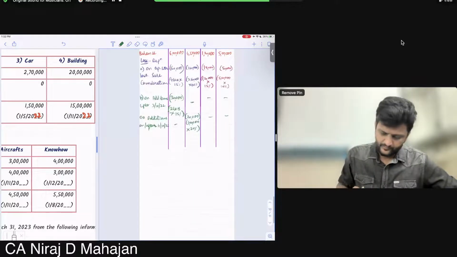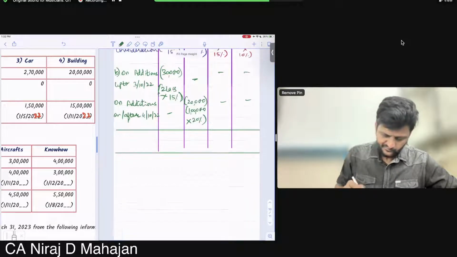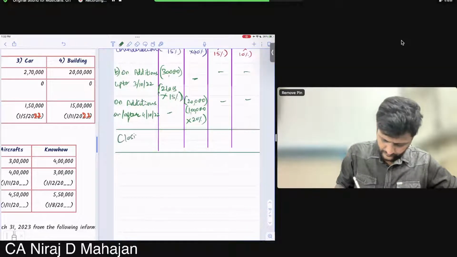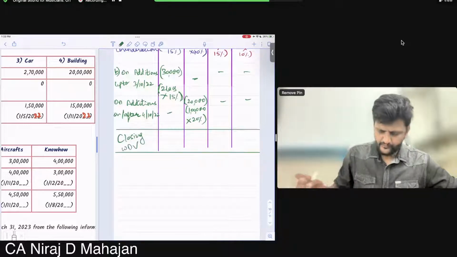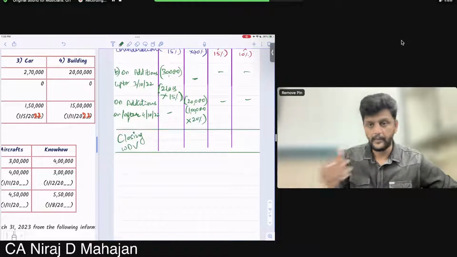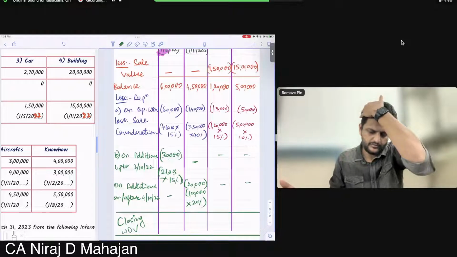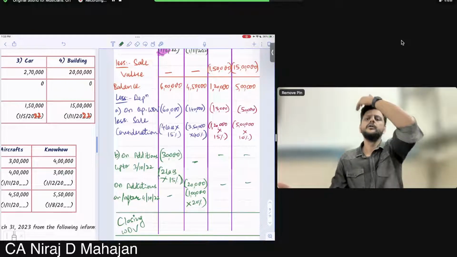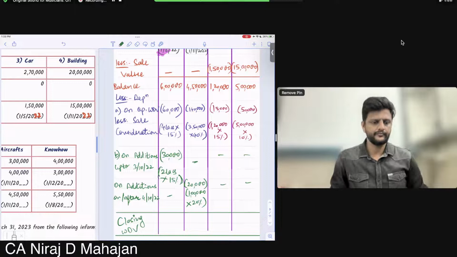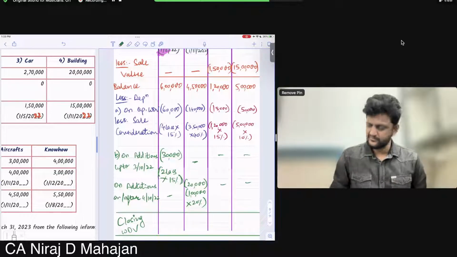The balance that we get is our closing WDV. Right? Closing WDV. Ready? So give me the figure, closing WDV. Six lakhs minus 60,000 minus 30,000, minus 10, equal.